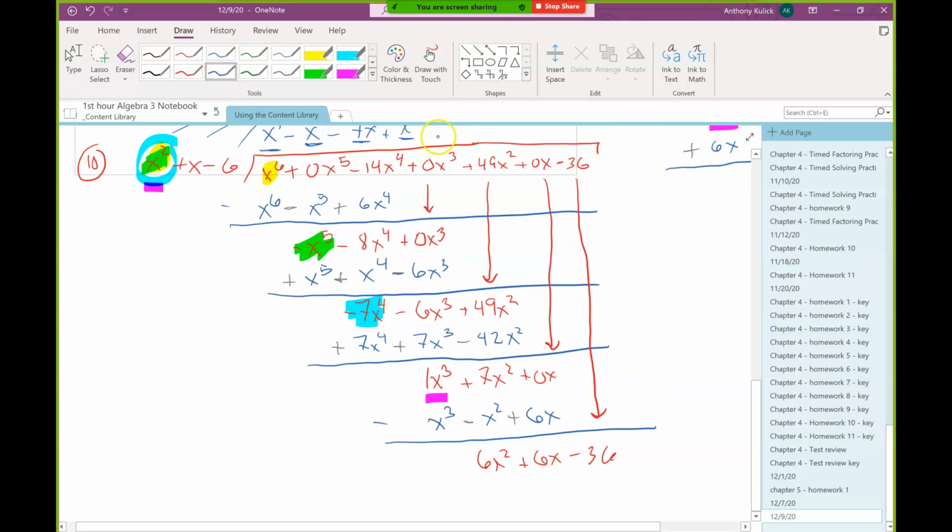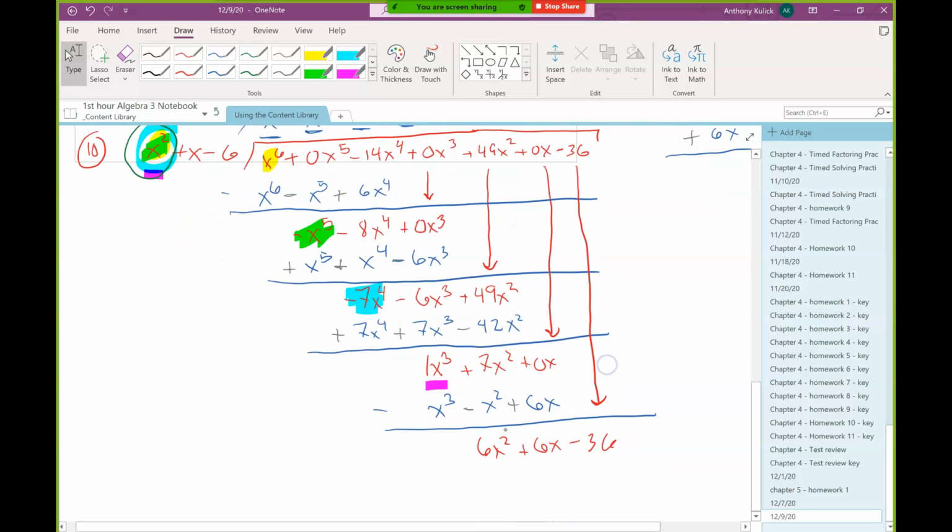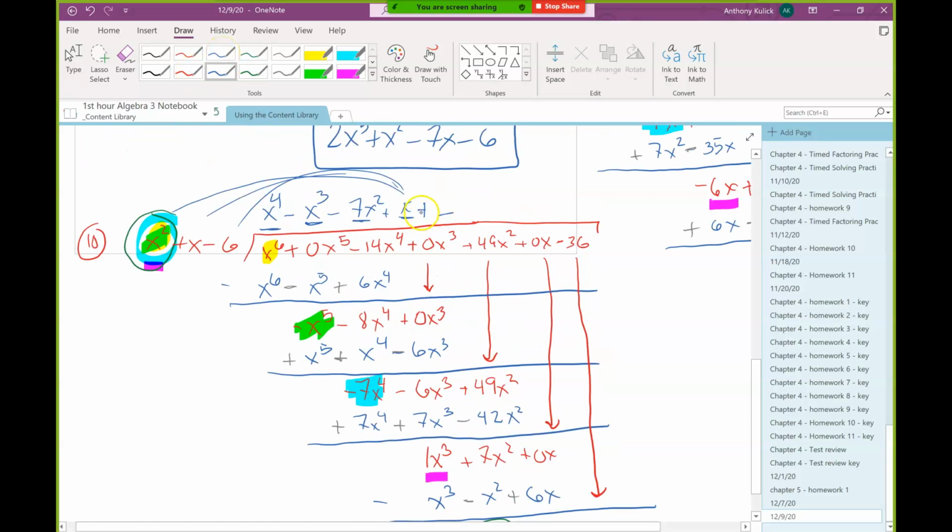Last step here. So I'm going to ask myself now, how many times does x squared go into 6x squared? Well, the answer is 6 times, because 6 times x squared gives me 6x squared.